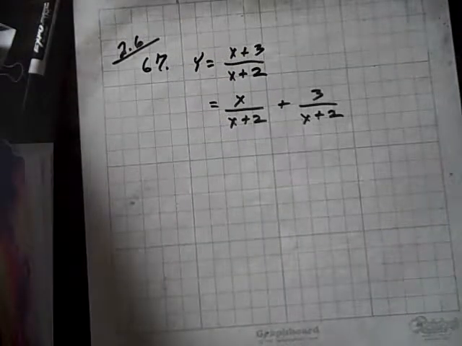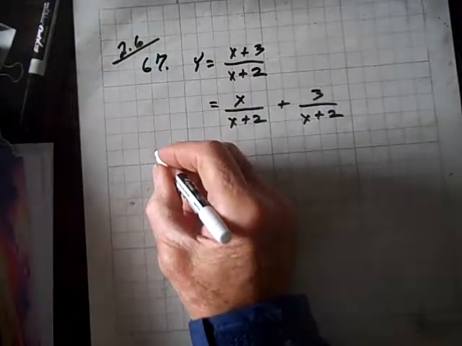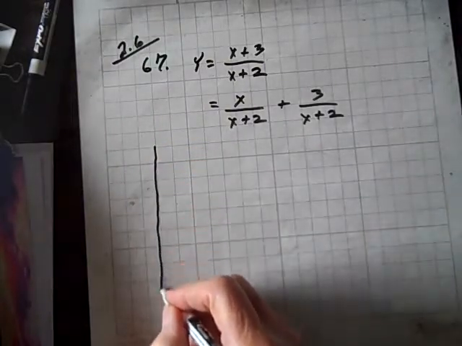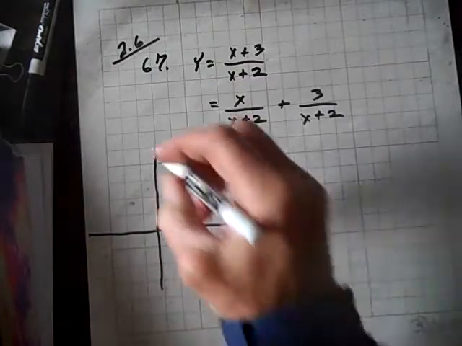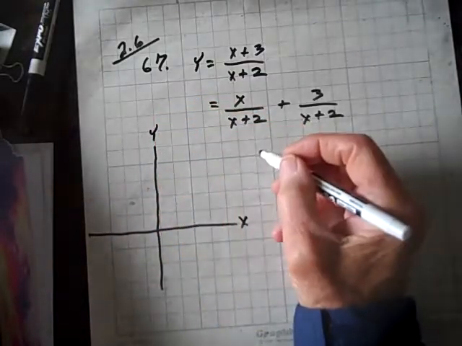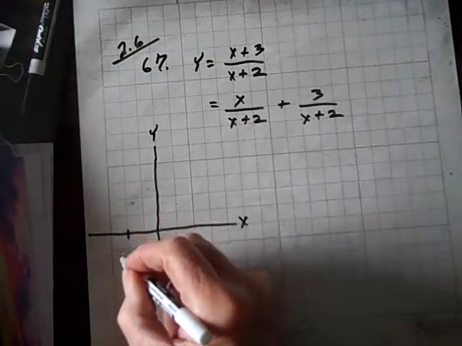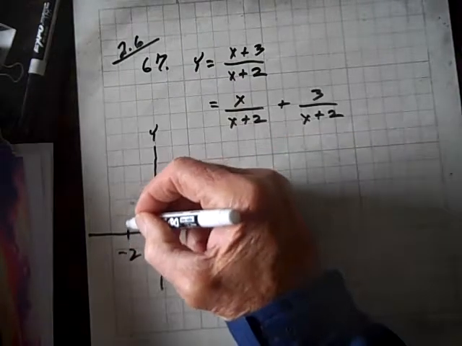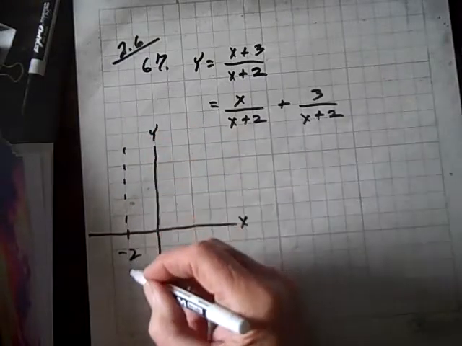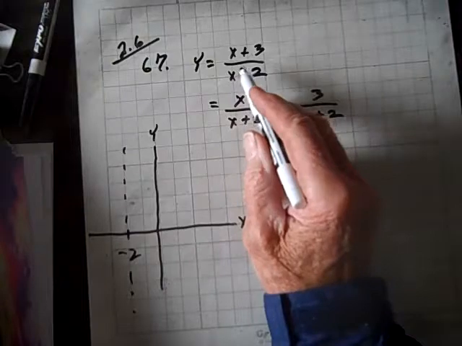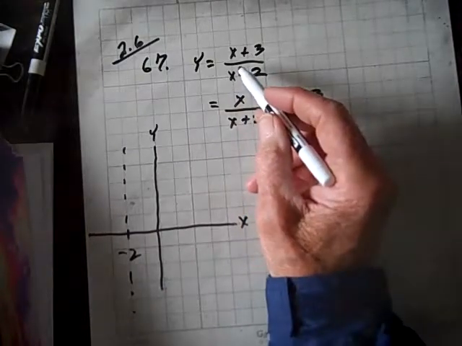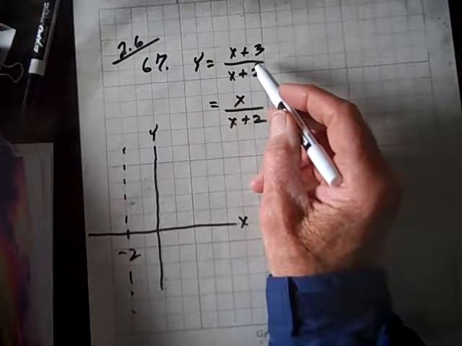Okay, now we're doing question 67, and it asks us to graph this thing. And if we graph this, we've got a vertical asymptote at -2, and the horizontal asymptote at 1 when we take the limit as x goes to plus or minus infinity.